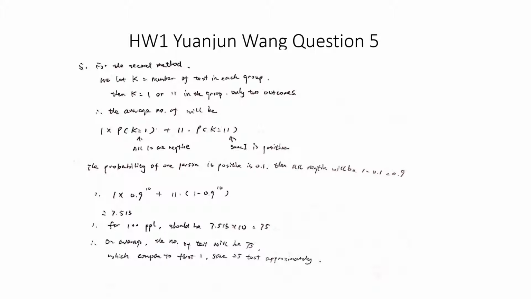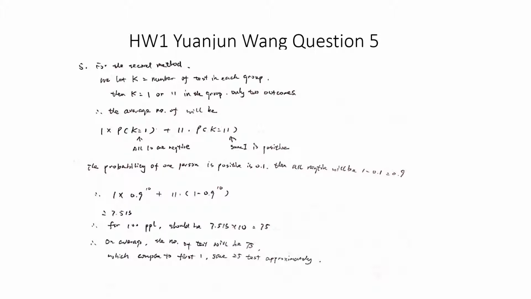So the average number of tests will be 1 times the probability of k equals 1, which is when all 10 people in our group are negative, plus 11 times the probability of k equals 11, which is the probability that someone in this group has been tested and is positive.